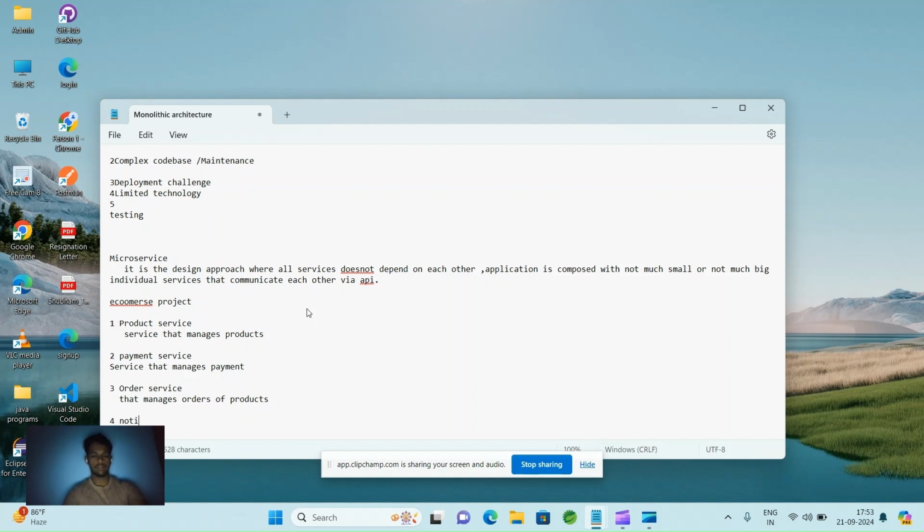Notification service manages notifications whenever our order is done.